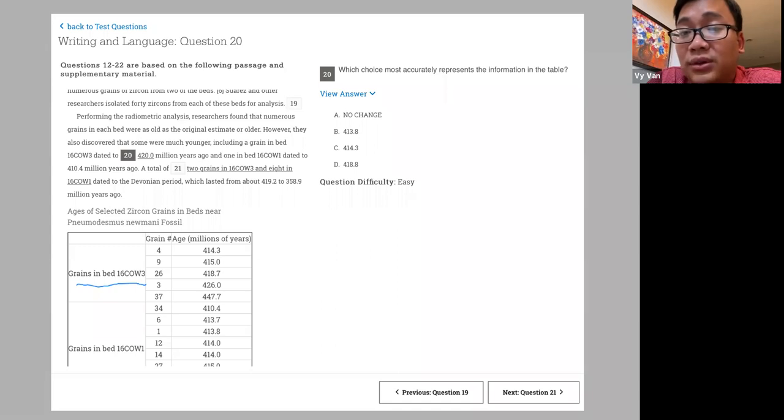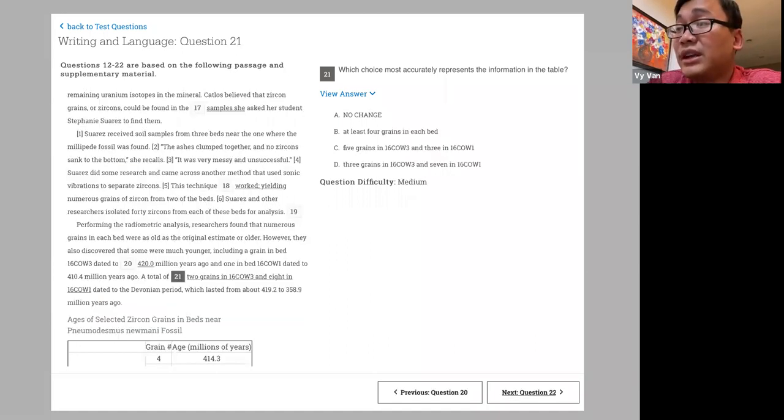Which one has this? Okay, 420 is not in there. 413.8, no. 414.3, yeah, right there. That matches with this 418. So I know for sure you just have to match with the table. Very easy. So the answer is C. Next one.